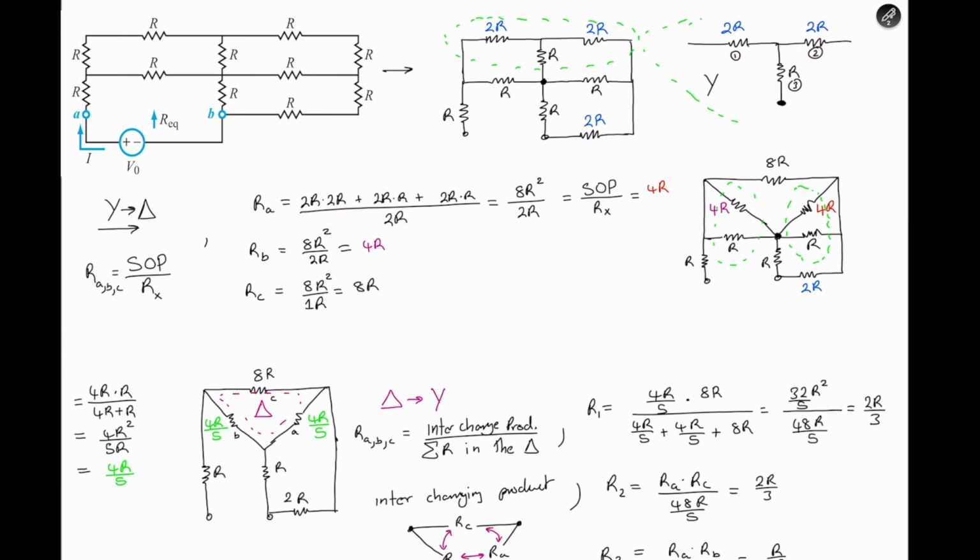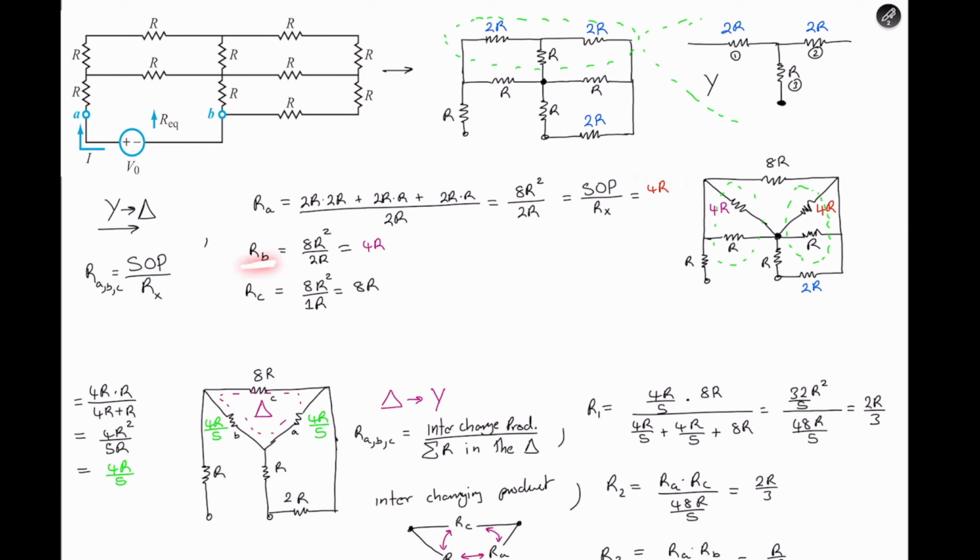Then R2 times R3, which is 2R times R. And then R1 times R3, which is 2R times R. That equals 8R squared. The target resistor is 2R, so that simplifies to 4R.